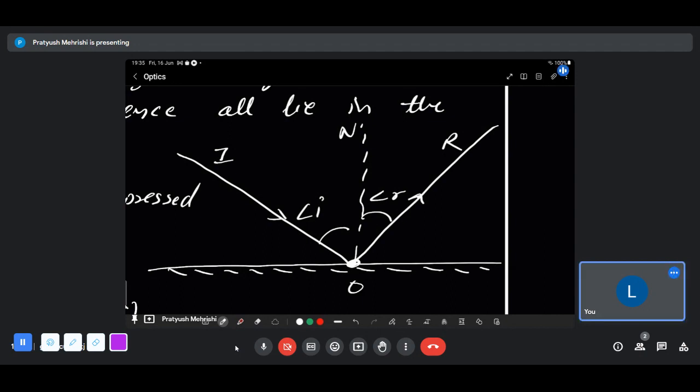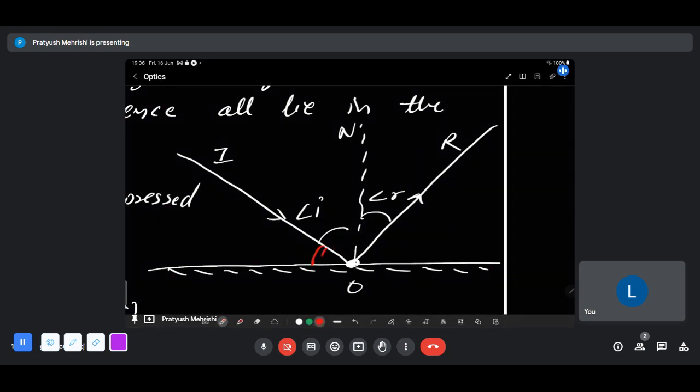So here, what is happening? Angle of incidence is equal to angle of reflection, that we know. Now, what is this angle? This angle and this angle, they are also equal, because this angle I and angle R, they both are equal to each other. That's why these angles are also equal to each other.